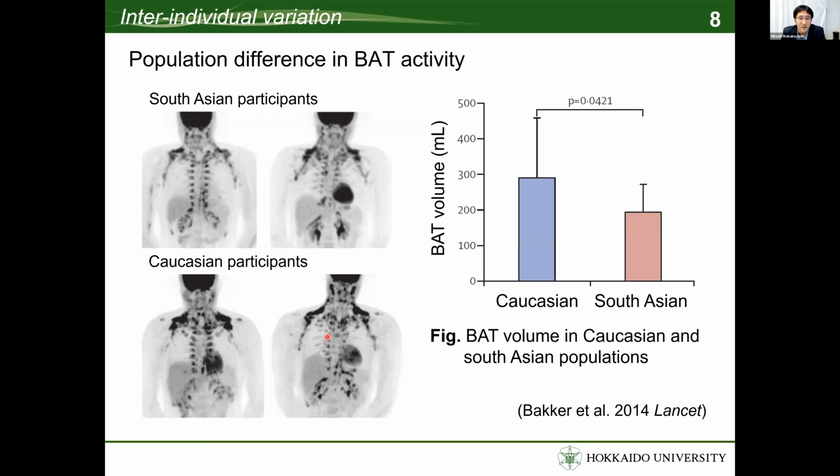As shown in this PET image and also in the right figure, Caucasian participants showed a greater amount of brown adipose tissue volume compared to the South Asian participants. So since they were born in the same country and lived in the same climate zone, there could be some effect of genetic variation on the activity of human brown adipose tissue.